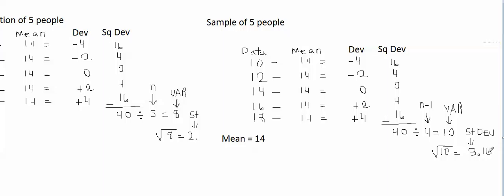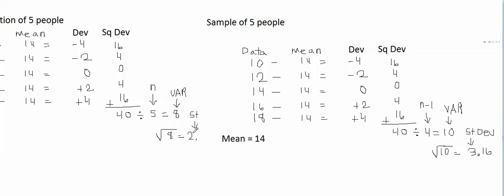So what this adjustment has done by dividing by 4 instead of 5 is that it's increased the variance and the standard deviation. Over here, when I divided by 5, the variance was 8. But here, when I divide by 4, it comes out to 10. So it went up.